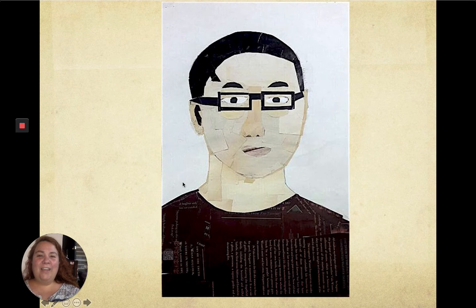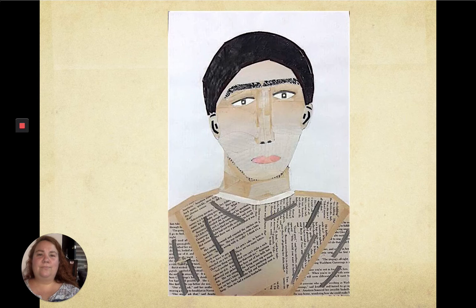His name was Jay. I think this is a really great portrait of Jay because it's him, you know? Again, they used the darker pages for separating the chin from the neck, a little bit of darker pages for the nose, and they did shadows under the eyes. This is a really good portrait.